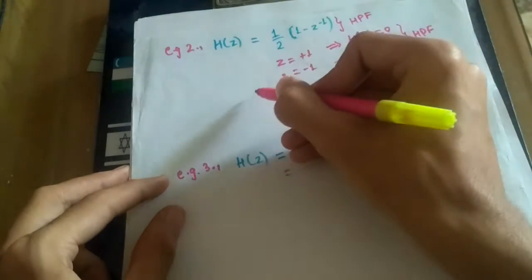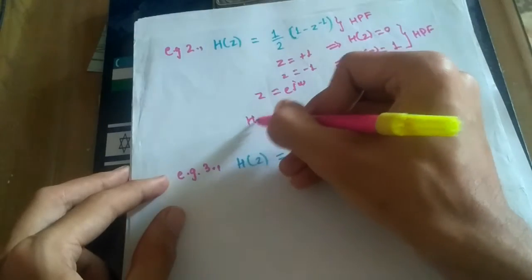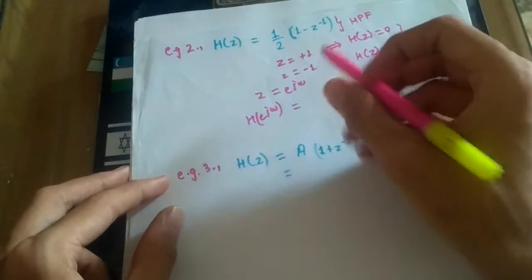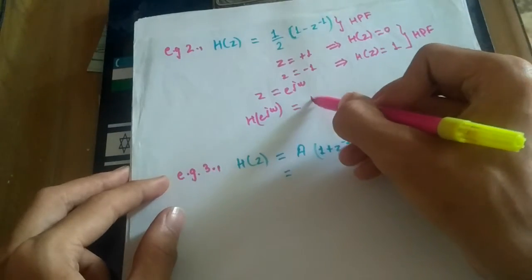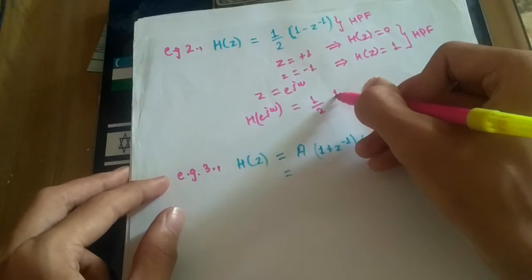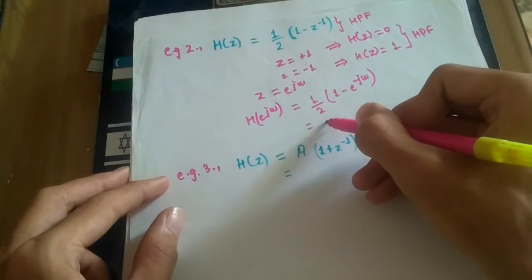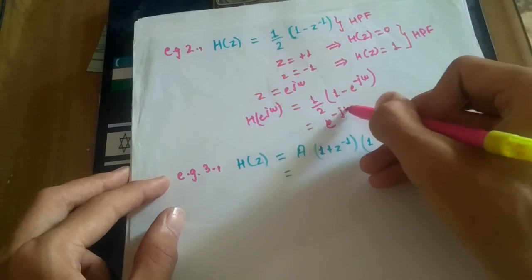Just by putting z equals e power j omega, we get H of e raised to j omega equals, since this time we have a minus, of course we will be getting a sine function. It is 1 minus e power minus j omega. As previously done, we take e power minus j omega by 2 common.